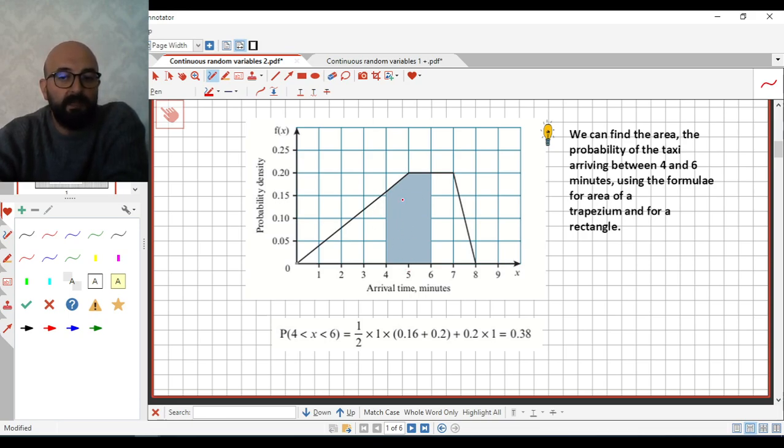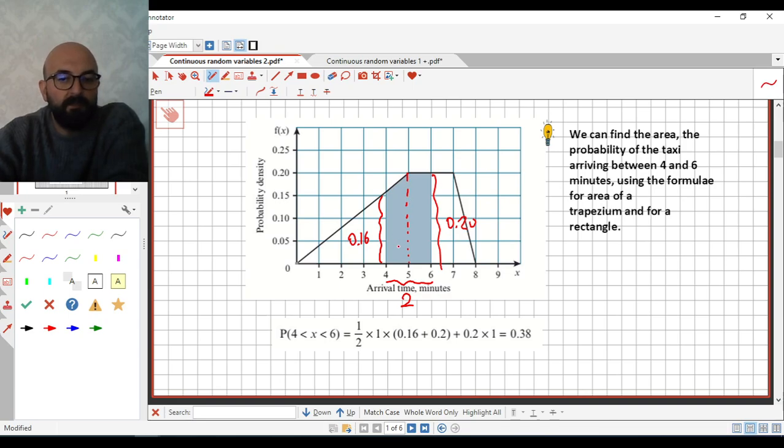You have a trapezium, and this distance is 2 and this distance is 0.16, and this distance is 0.20, and you have both a rectangle and a trapezium.